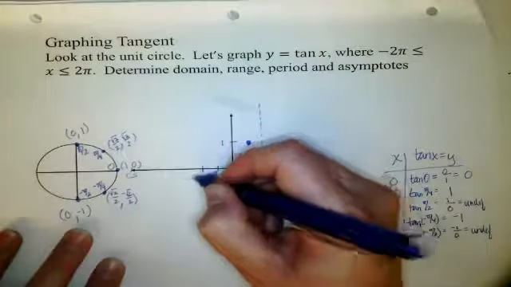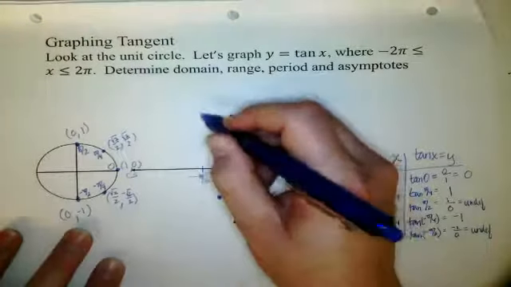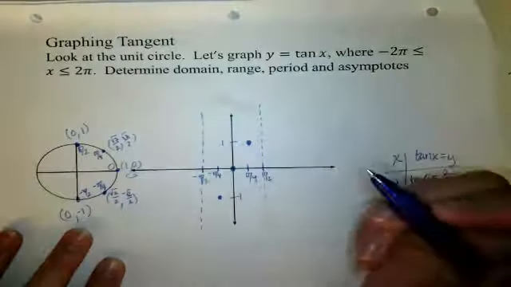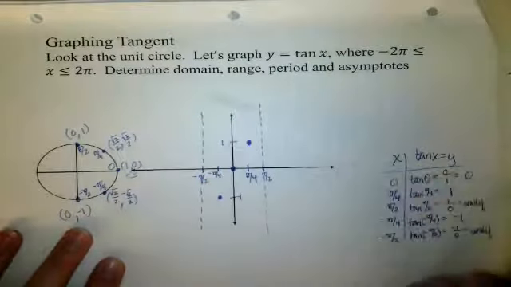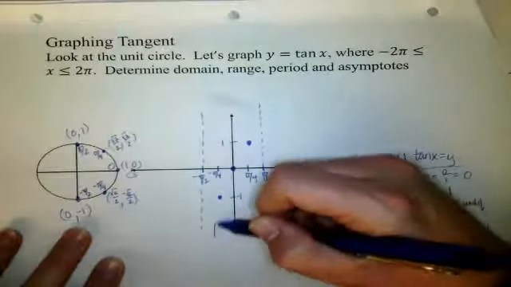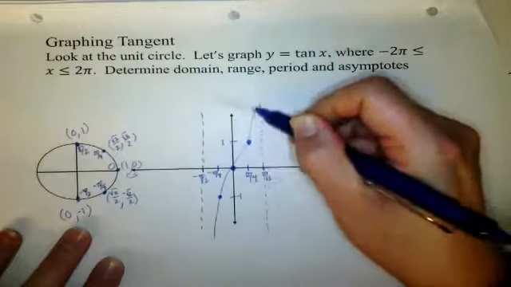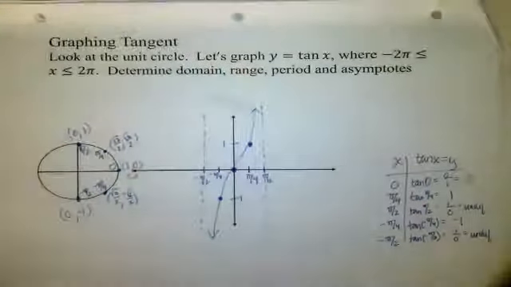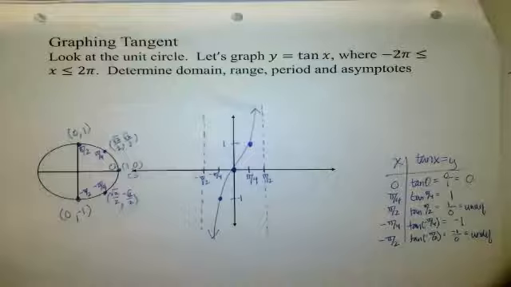Oh, interesting. Negative pi over 2. Huh. Curious. It's not a line. It is kind of like a cubic function in shape. This is one period of the tangent function.